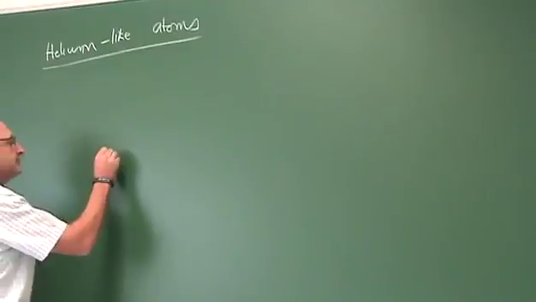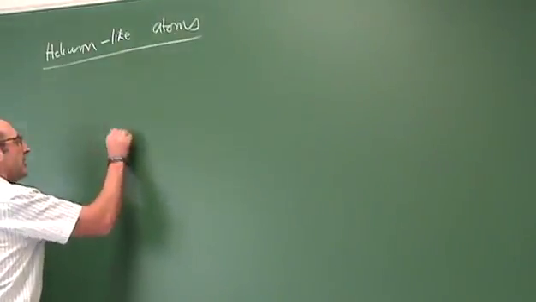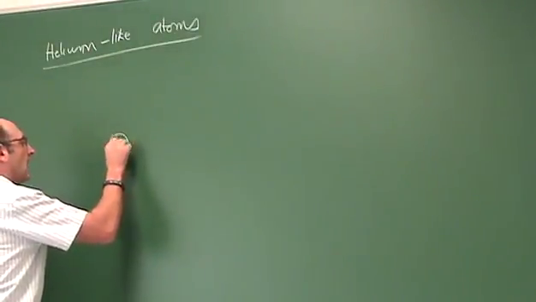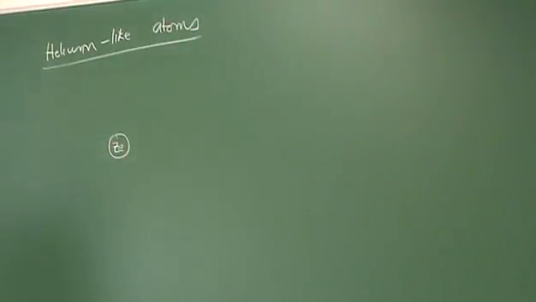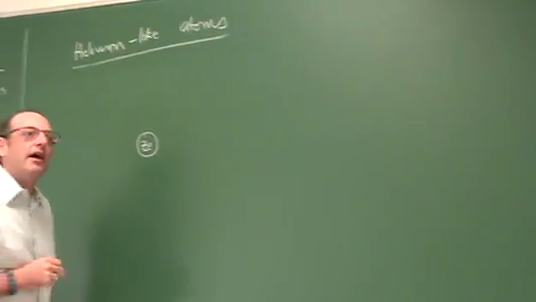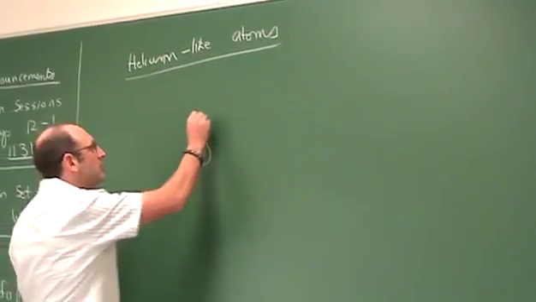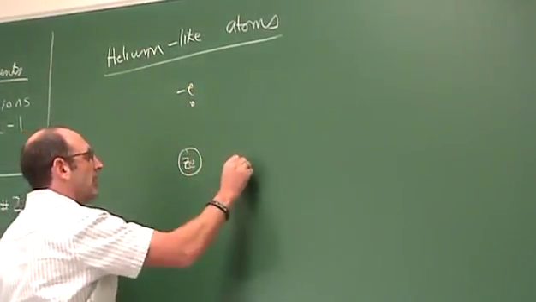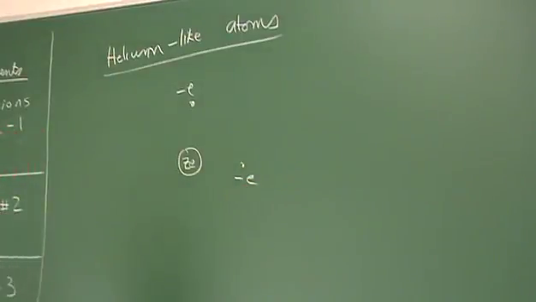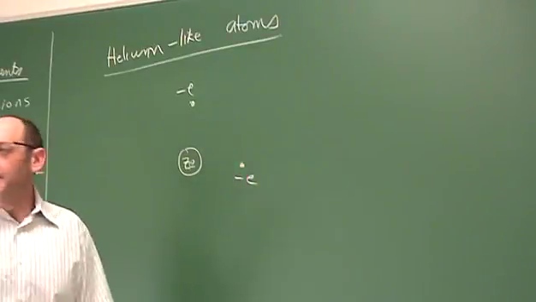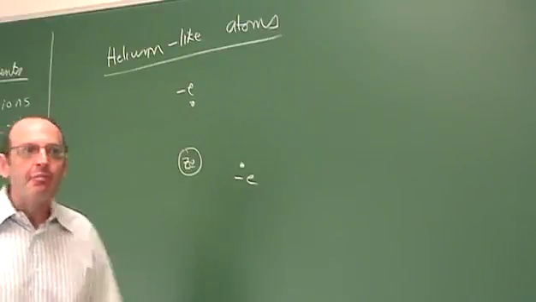What we mean by that is thinking about a nucleus with some atomic number Z and 2 electrons. So really we're talking about 2 electron atoms, helium being the neutral case with Z equals 2, but we can think about the problem a little more generically.